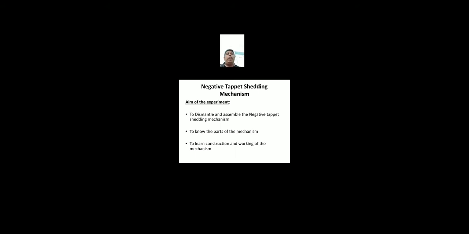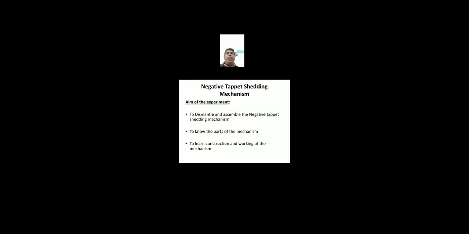So this is known as negative tappet shedding mechanism. The second aim is to know the parts of the mechanism. While we dismantle, we will know the various parts that are present in the mechanism.